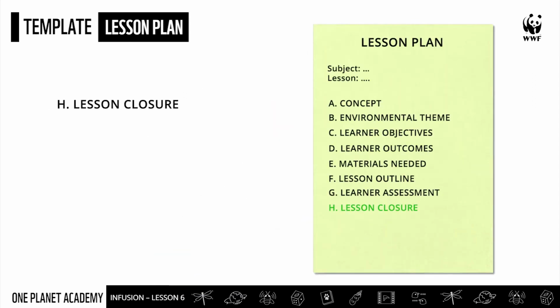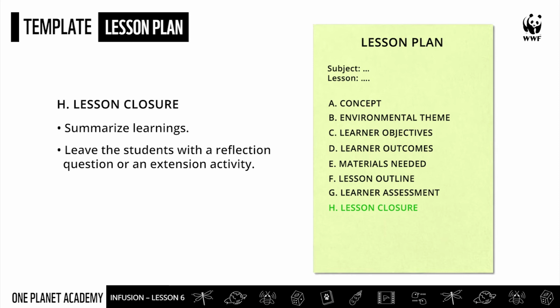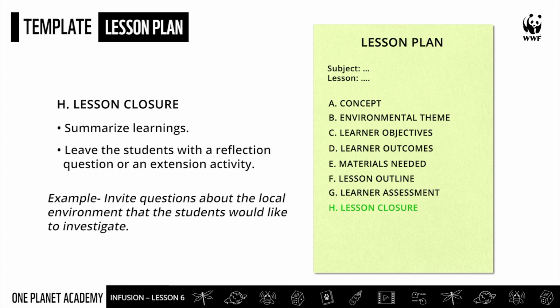For the section on lesson closure, we plan how to summarize learnings for the students. We can also indicate whether we leave the students with any extension activities or reflection questions to ponder over. For example, you can ask the students to observe their surroundings in and around school or home and identify one object related to nature or a problem related to the environment that they would like to investigate.